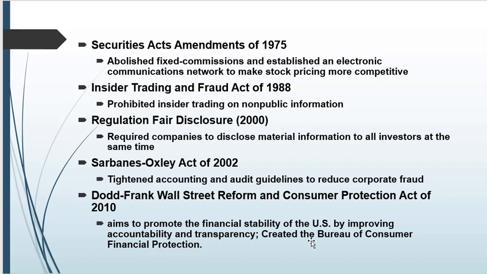The last two regulations are something that, unless you've been in a coma over the last 4 or 5 years, you've heard of. The Sarbanes-Oxley Act tightens the accounting and auditing guidelines to help reduce corporate fraud. And the Dodd-Frank Wall Street Reform Bill was geared towards the banking industry and accountability and transparency. This is the act, quite frankly, that's getting the most abuse right now.